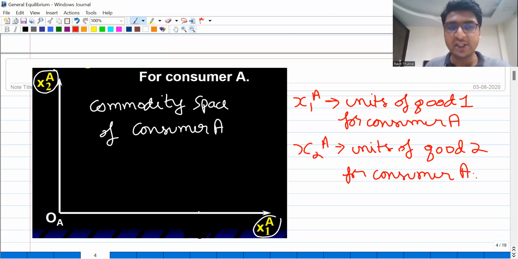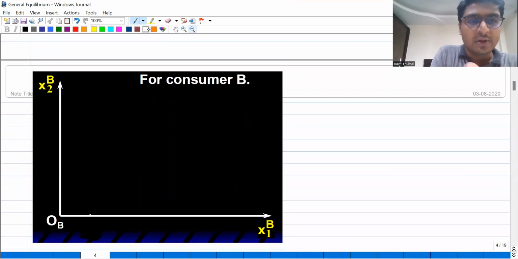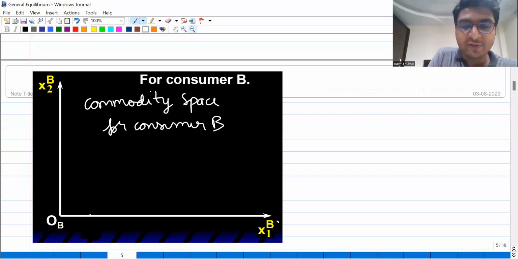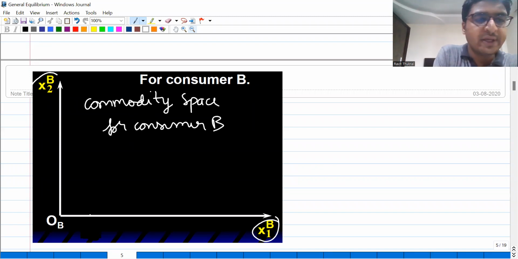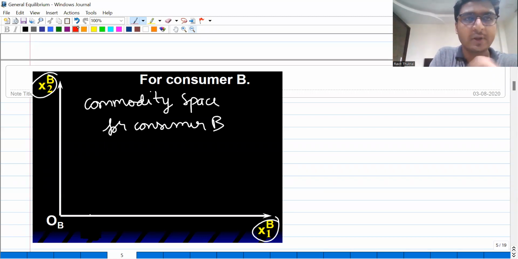Similarly, there will be a commodity space for consumer B. So this is the commodity space for consumer B. So now x1B is the amount of good 1 for consumer B, and x2B is the amount of good 2 with consumer B. Okay.